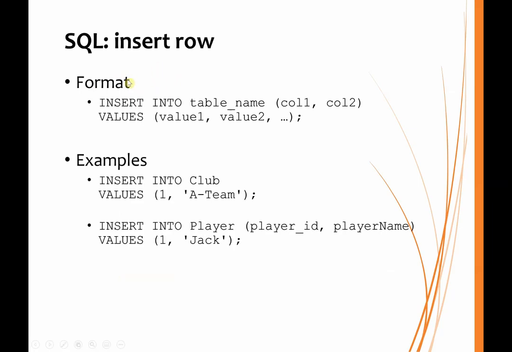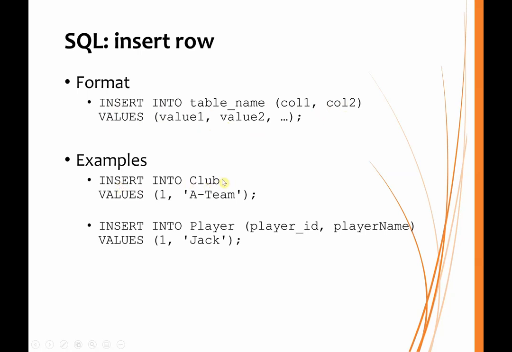If we want to insert data into a table, then we'll insert a row using insert into, then the table name with any columns that we're going to populate, followed by values, and the values that are going to match these columns. So for example, we're going to insert into club.